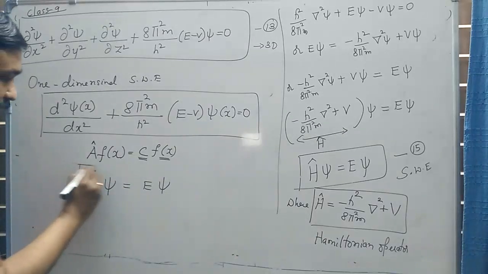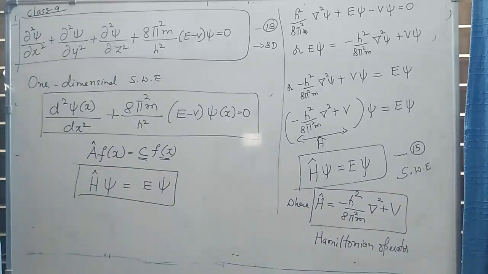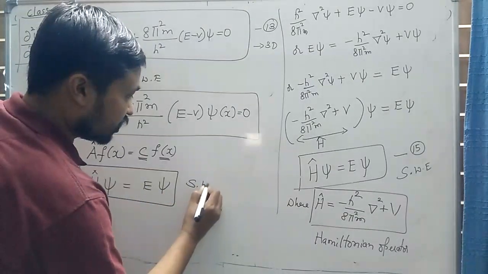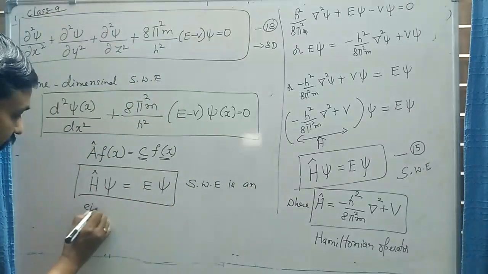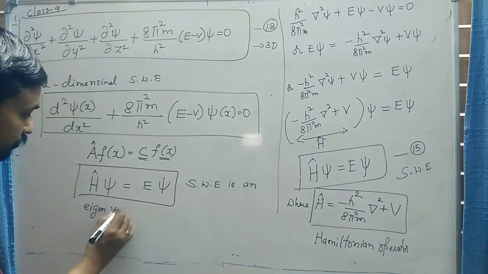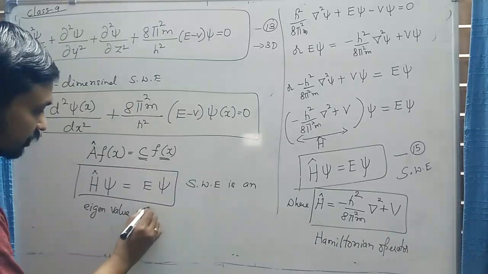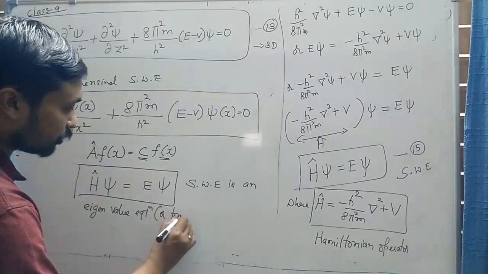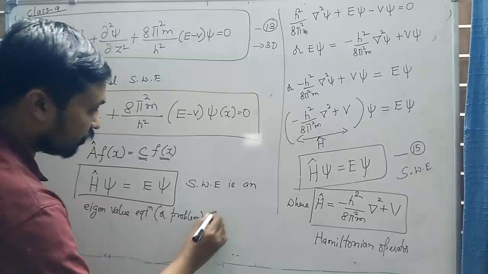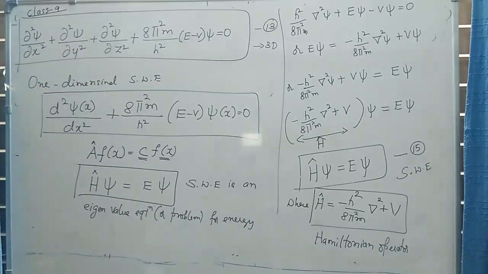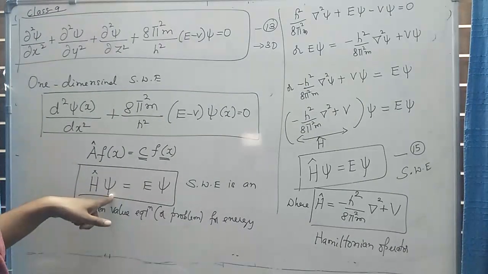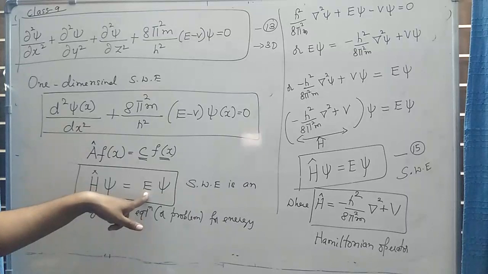So the Schrodinger wave equation is nothing but an example of an eigenvalue equation, or eigenvalue problem, for energy. Why? Because when we apply the Hamiltonian operator on a wave function psi, we get energy as the eigenvalue.